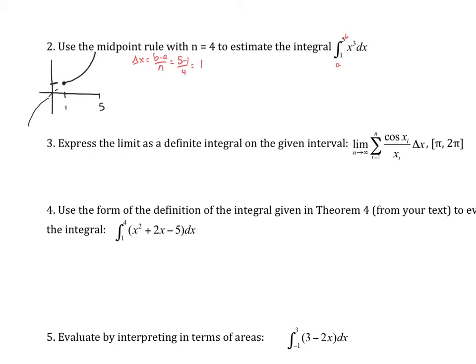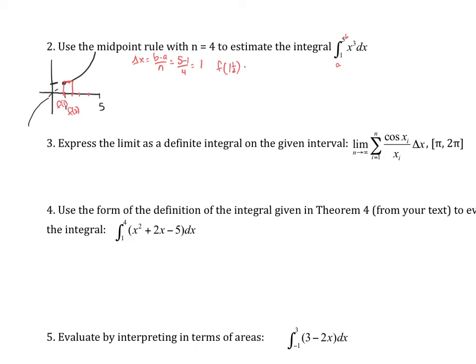So that means I need the midpoints between 1, 2, 3, 4, 5. This is my first one, f of 1, and that's f of 2. So I need the midpoint in between that, so that's going to be at f of 1.5 for my first one. Do you see how I got that?